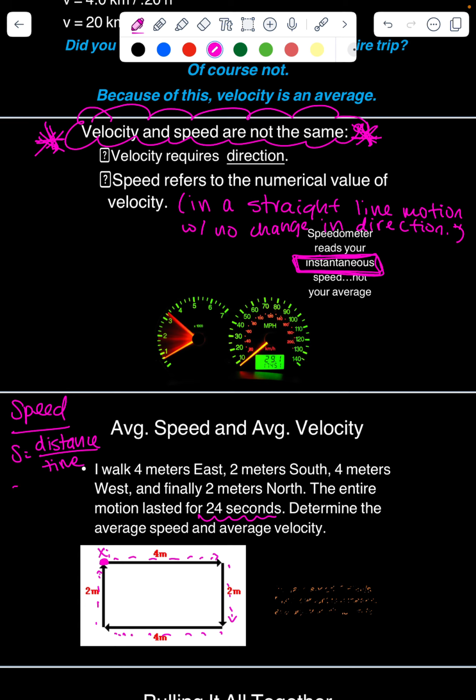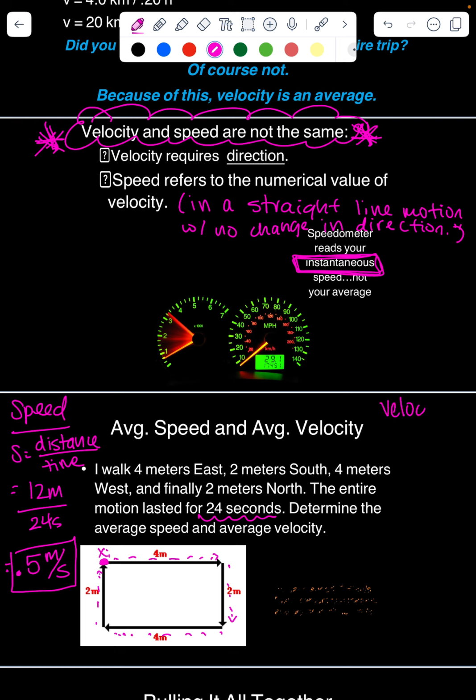So we would find our distance first by adding up all of our motions: 4 plus 2 plus 4 plus 2, which gives us 12 meters. We were told that all of this took place in 24 seconds. So if I wanted to know my speed, I would divide those out, and that would give me 0.5 meters per second. So that is my average speed.